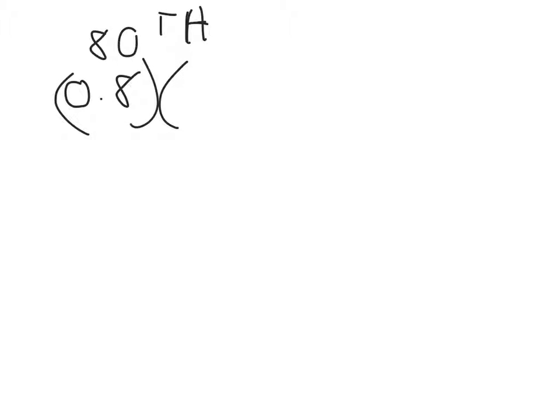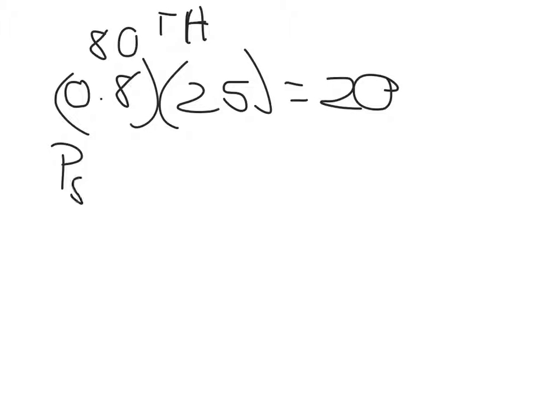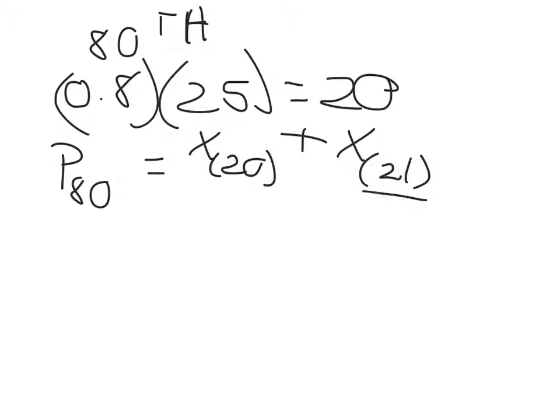All right, and then finally, the 80th percentile. Okay, so I'm going to have 0.8 times 25, and that's actually going to give me 20. So I'm going to take the value at position 20, add it to the value at position 21, add them up, divide by 2.